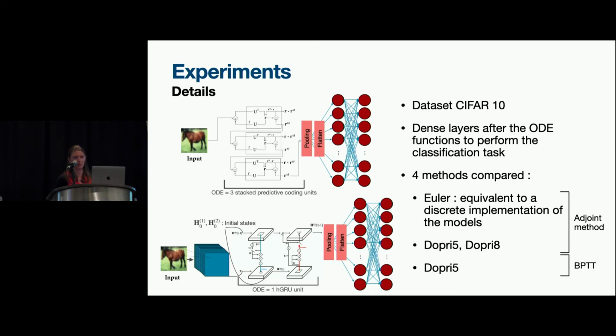This is strictly equivalent. And to then test all the dynamics of the model, we use some adaptive solvers to see what happens if we try to model our models more accurately. So the first tests are performed using the adjoint method. And we also use a 4th method using an adaptive solver, but with this time the backpropagation algorithm to see if the backward method affects the performance.